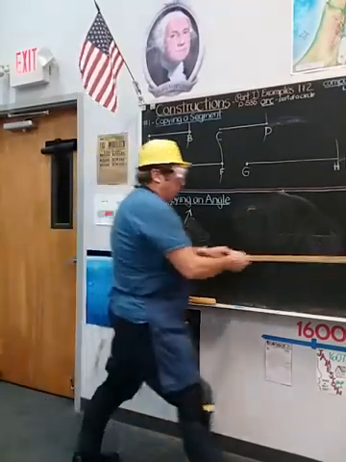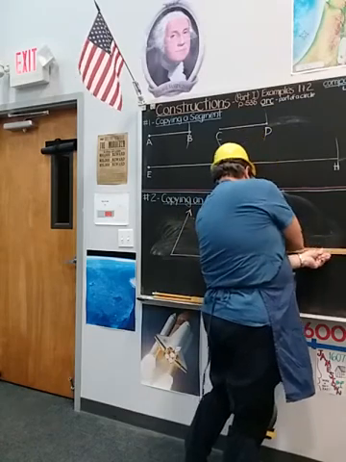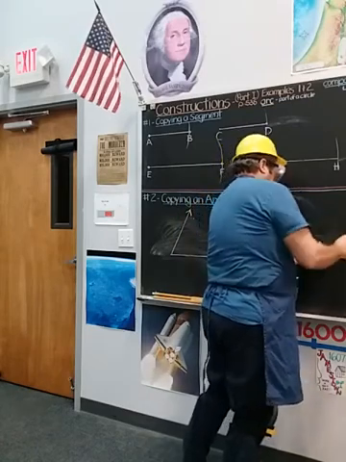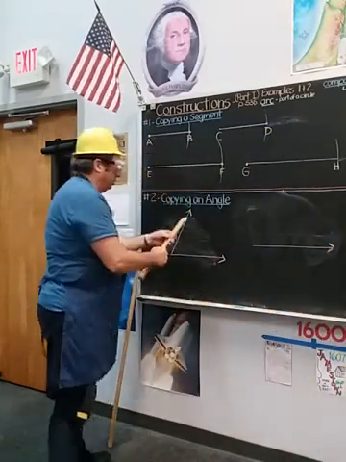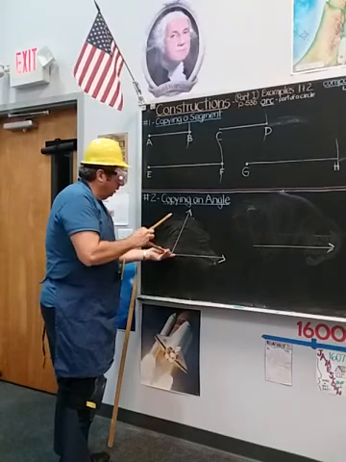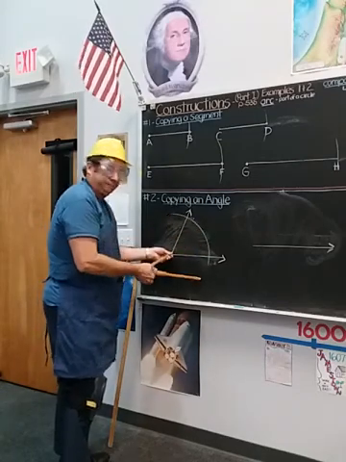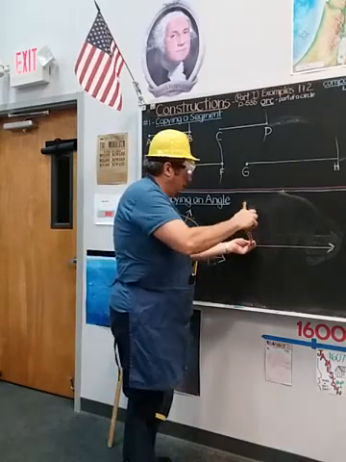First thing I do is draw a random ray over here. I want to copy that angle. So I got my random ray. I use my compass to draw an arc that intersects both parts. Don't open or close it. Come over here to this end point, draw a nice big arc.